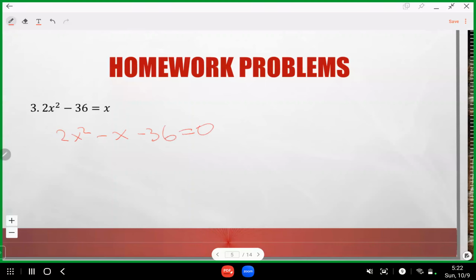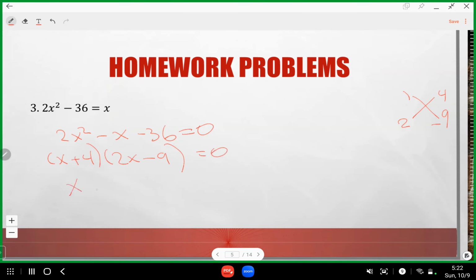So let's see if we can factor this. We have 4 and we have 9. We can actually factor this. So it's going to be x plus 4 times 2x minus 9, and that's going to be equal to 0.